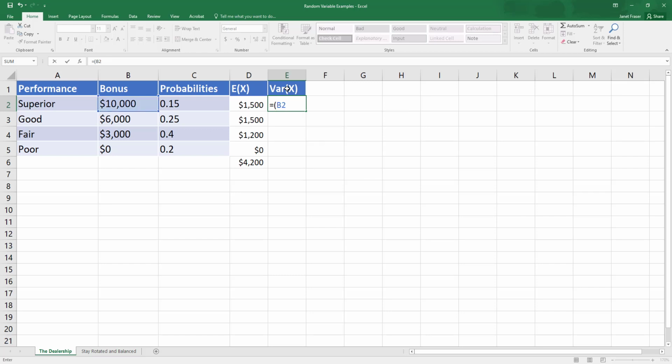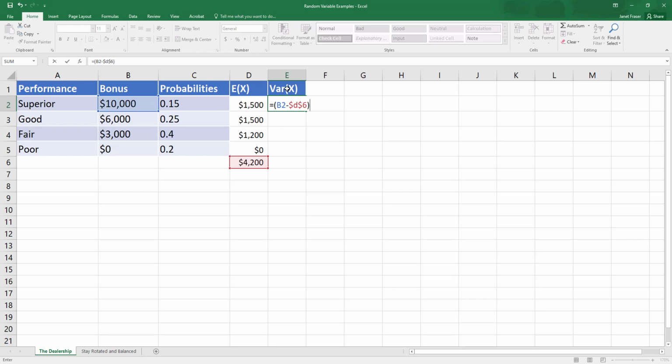We're going to use B2, which is the bonus rate. And we are going to subtract from it the expected value. And for this, we use the dollar signs, because when I go ahead and copy this formula down for the other 3 rows, B2 will increase by row.